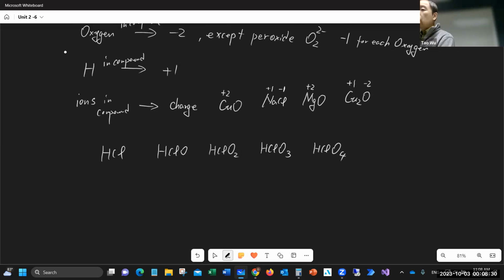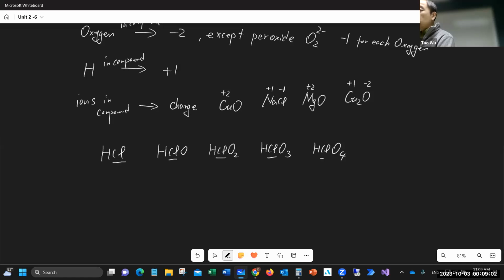Those are all acids. Hydrochloric acid. This is called hypochlorous acid, and this is chlorous acid, and this is called chloric acid. This is perchloric acid. Anyway, those are all acids with hydrogen, chlorine, and oxygen. But the oxidation number for the chlorine in each is completely different.